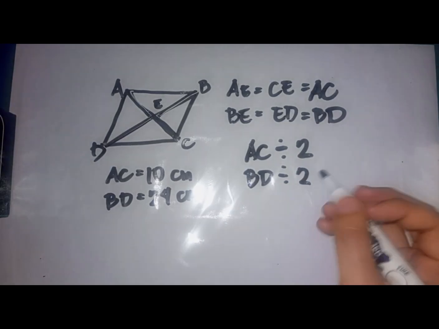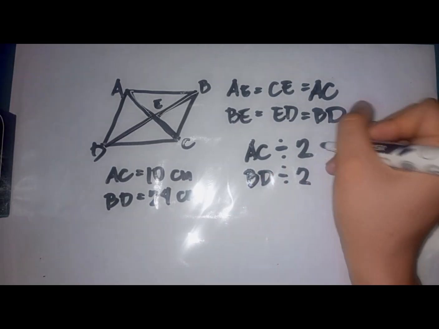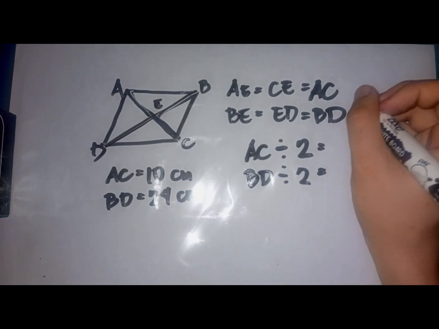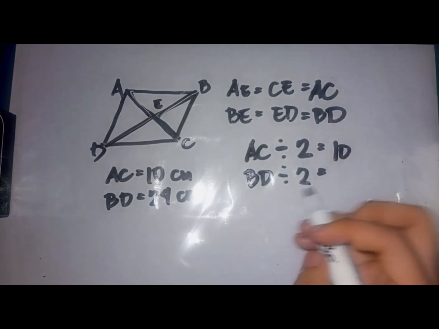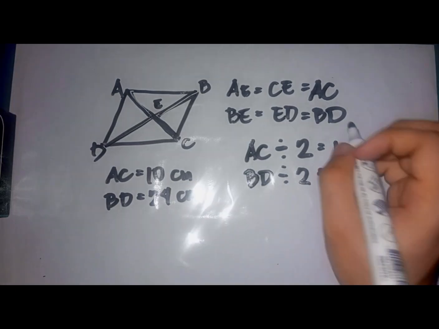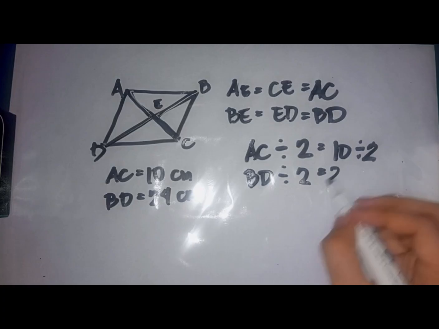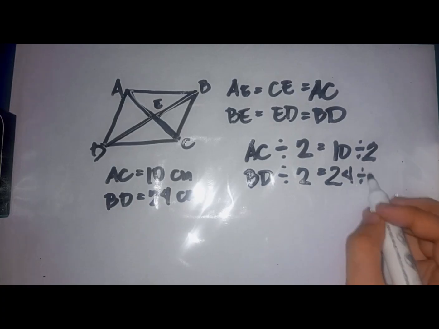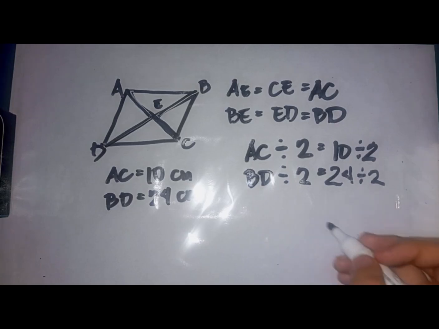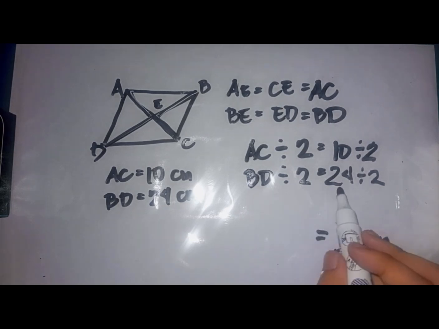The given AC is 10 centimeters, so 10 divided by 2 is equal to 5 centimeters, and BD is 24, so 24 divided by 2 is equal to 12 centimeters.